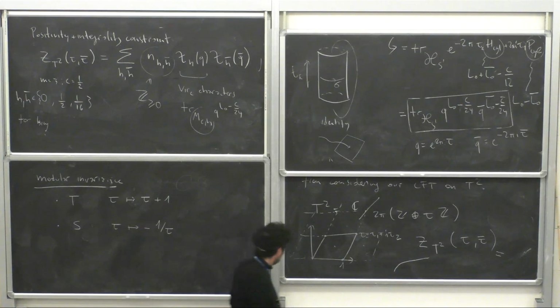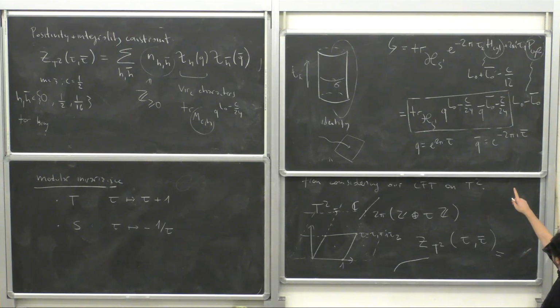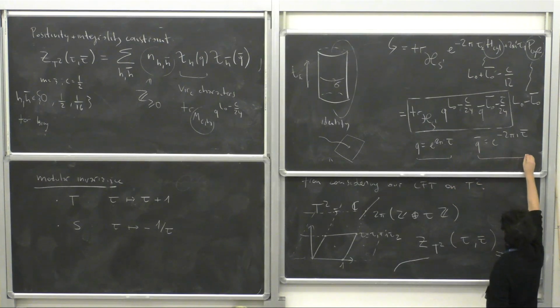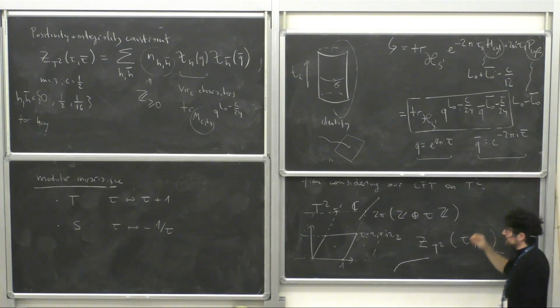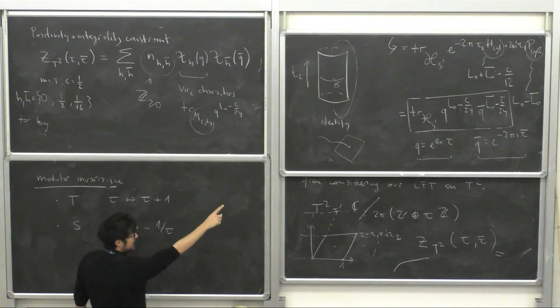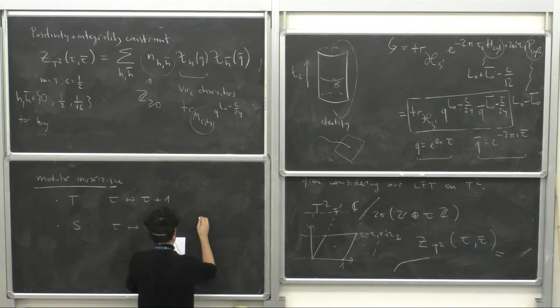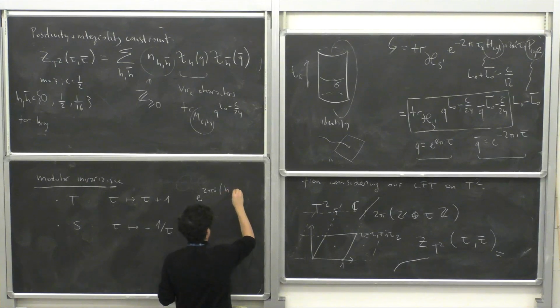So invariance under T: if we look at that partition function, what happens? Remember that q is defined as e to the 2 pi i tau, and q bar is defined as e to the -2 pi i tau bar. Whenever we perform a T transformation, that expression I have put in a box will shift by an amount e to the 2 pi i times (h minus h bar).